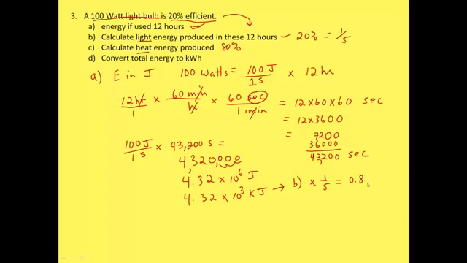And that ends up being about 860 times 10 to the 3 kilojoules, which can also be stated as 860 times 10 to the 3 joules, or 860,000 joules.